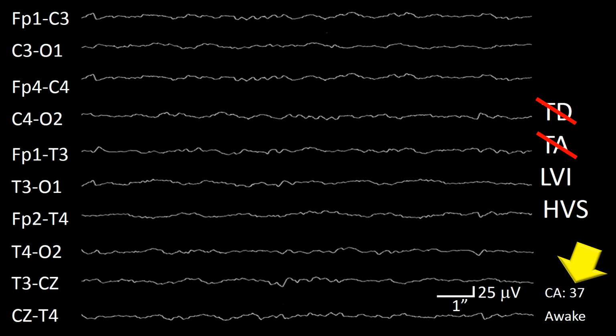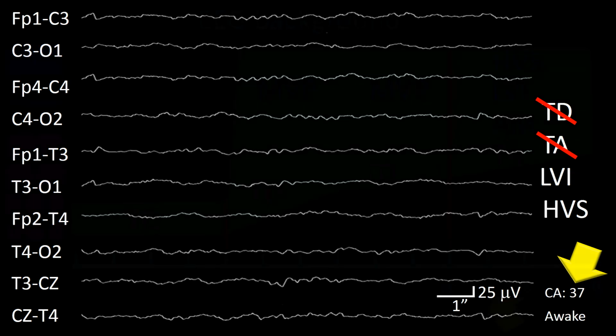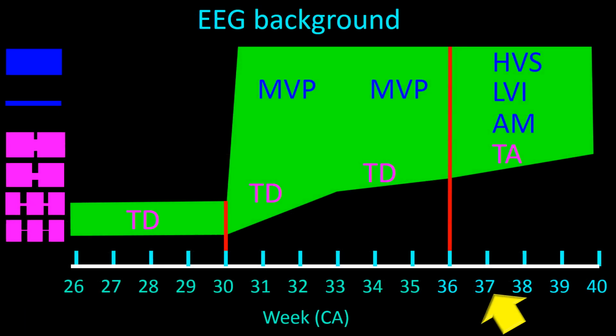Next, you look at the age if it is provided. At 37 weeks, low voltage irregular and high voltage slow waves are appropriate patterns.